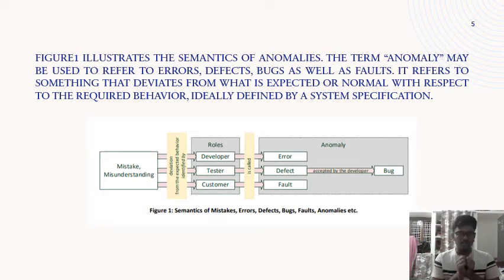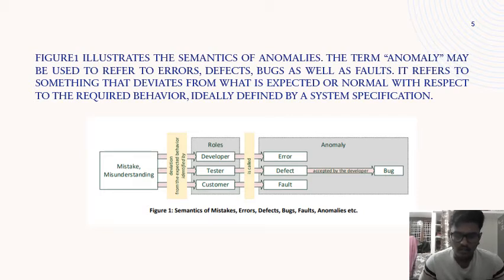So it refers to something that deviates from what is expected or normal with respect to the required behavior, ideally defined by the system specification. So here Figure 1 shows the semantics of mistakes, errors, defects, bugs, faults, and anomalies. Here a mistake is a misunderstanding, and it leads to a deviation from the expected behavior identified by the developer, tester, or customer, which are the roles.